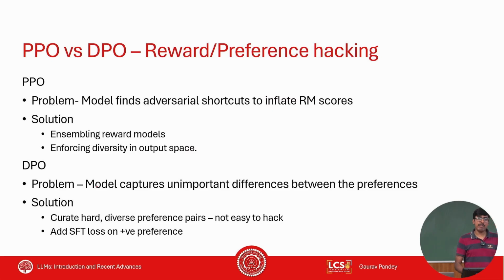You can solve it by having a lot more preference pairs, where the model learns, okay, that was not the reason, maybe there is some other reason. So it will try to ignore the obvious reasons. You can also add an extra supervised loss on top of your positive response to deal with this preference hacking problem.